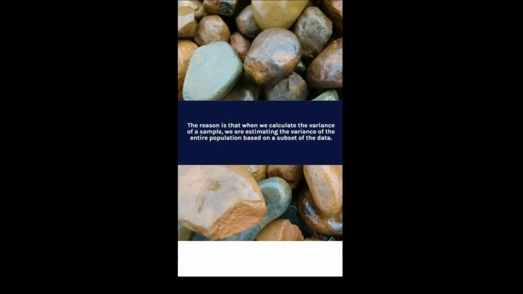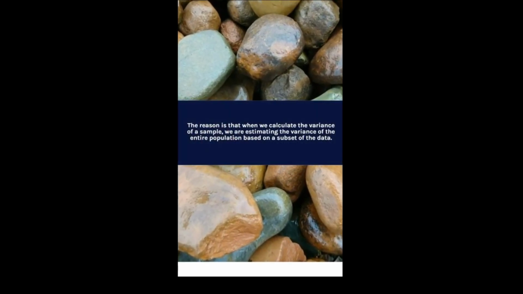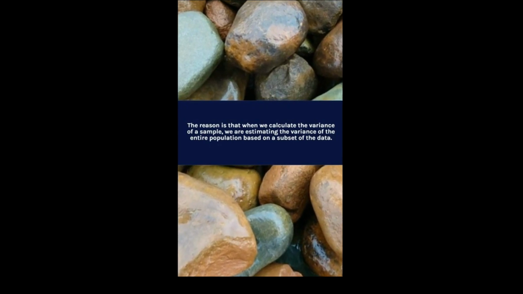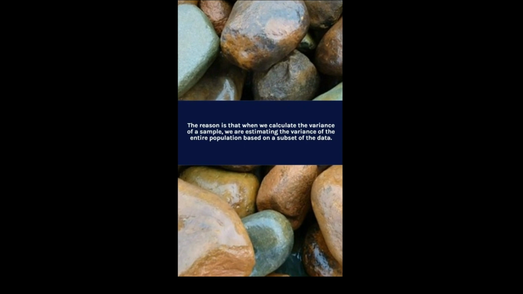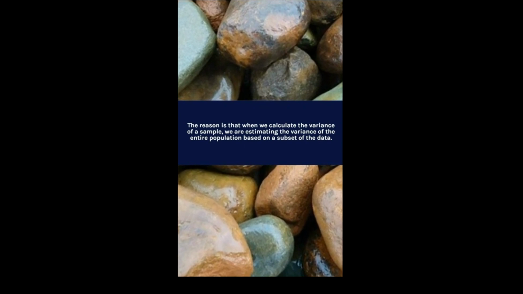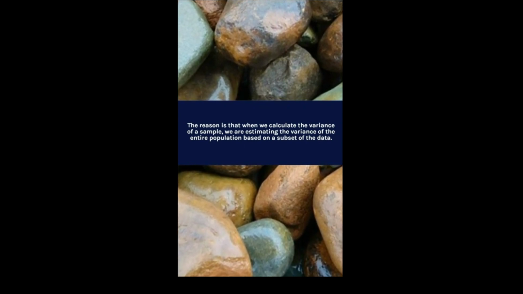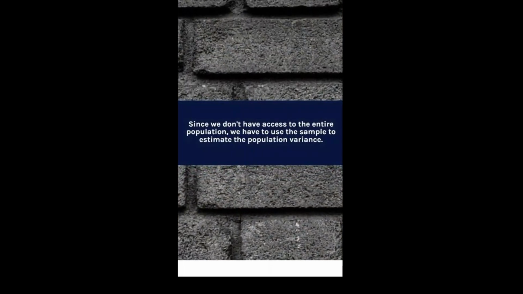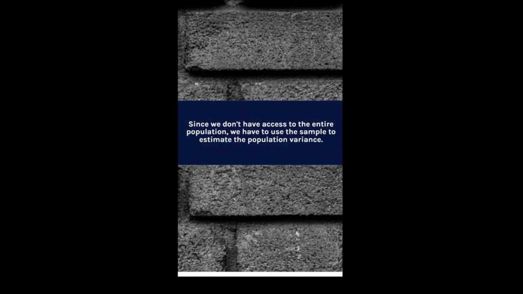The reason is that when we calculate the variance of a sample, we are estimating the variance of the entire population based on a subset of the data. Since we don't have access to the entire population, we have to use the sample to estimate the population variance.